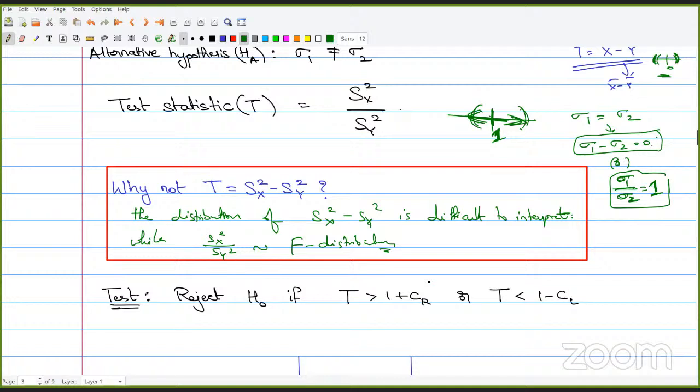You can take it as right and left. Say that when you divided these two, you got something like 2.5. What it tells you is that the sample variance of random variable x divided by the sample variance of random variable y is 2.5, meaning this particular Sx square is 2.5 times Sy square.